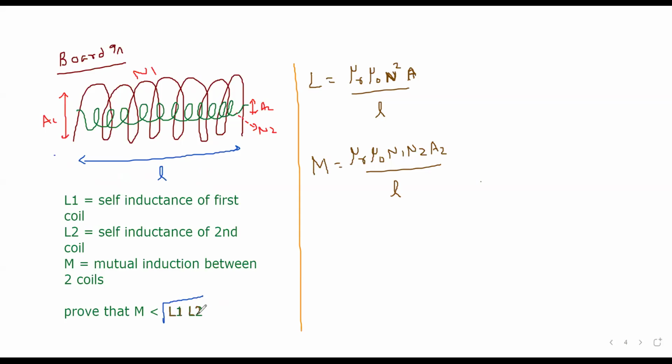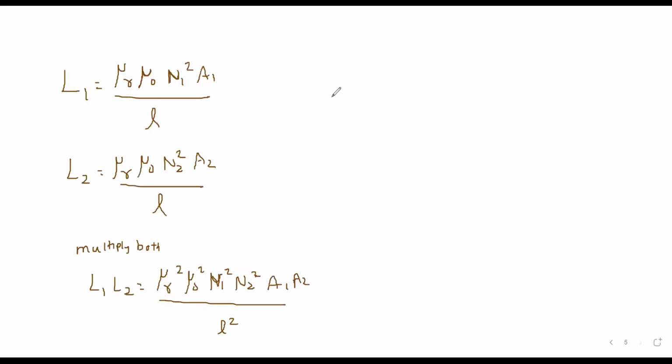Next, I want the square root, so take the square root of this. Square root of mu R square is mu R, square root of mu naught square is mu naught, N1 square is N1, N2 square is N2, and it becomes root of A1 A2 by L.